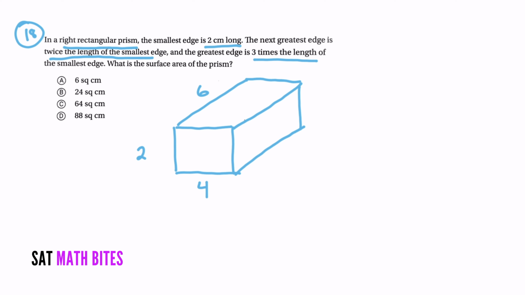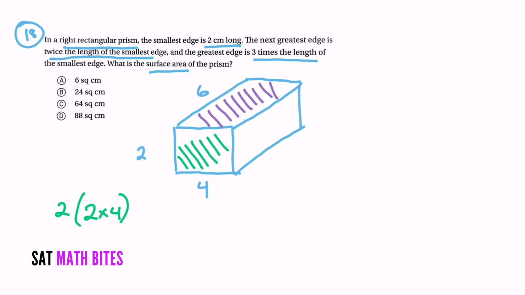So we have to find the surface area of the prism. Remember, for a rectangular prism, we have 6 faces, so we have to add them all together. The first one we could just do here would be 2 times 4. But there's 2 of them, the front and the back. Then we could find this one right here, that would be 6 times 4.